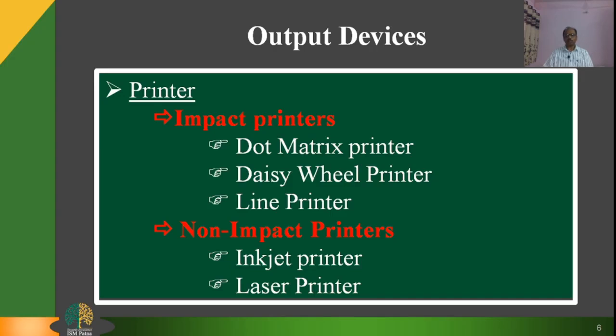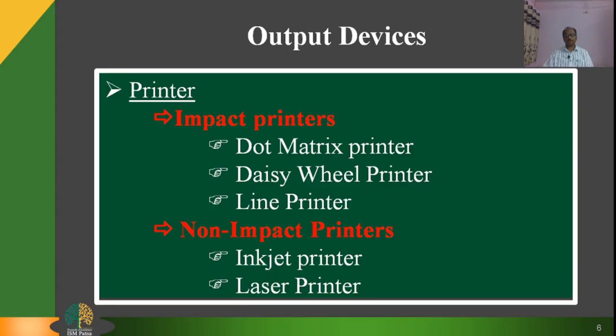Drum is rotating in clockwise and anti-clockwise direction. Each character is repeated along the length of the drum. The paper is in continuous sheet which can be separated into individual pages after printing. The typical printer speed ranges from 900 to 1500 lines per minute.